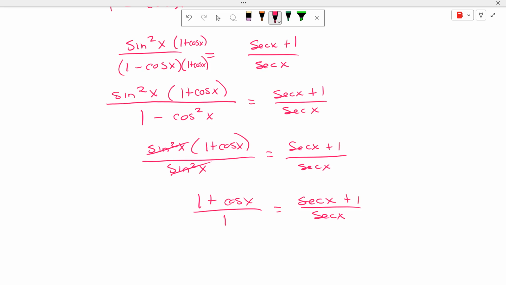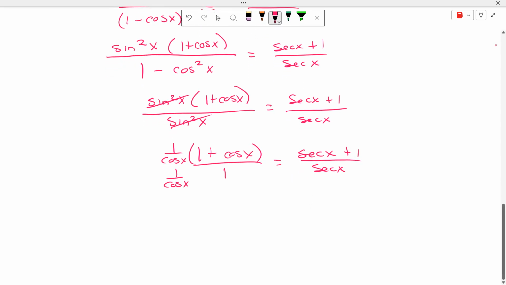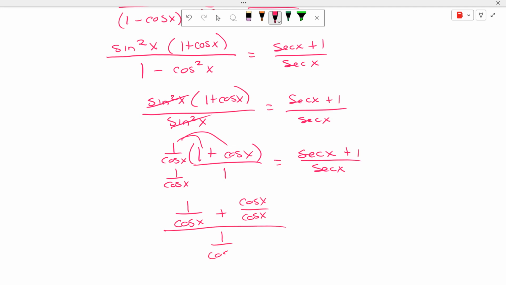Now, what is secant of x the same as? 1 over cosine. So what if, by chance, I took this times 1 over cosine on the top and the bottom, and I distributed it? I got 1 over cosine of x plus cosine of x over cosine of x over 1 over cosine of x.